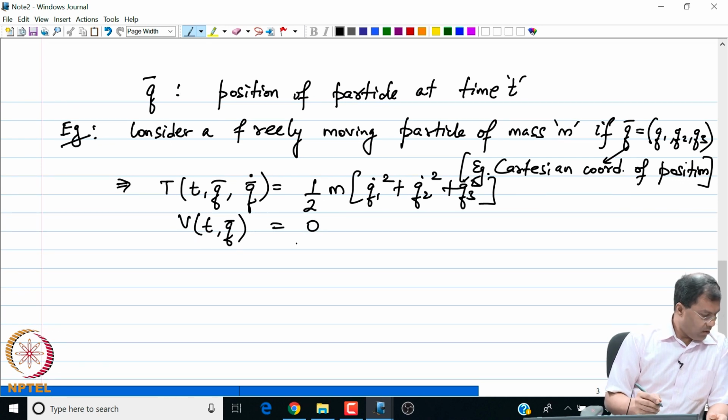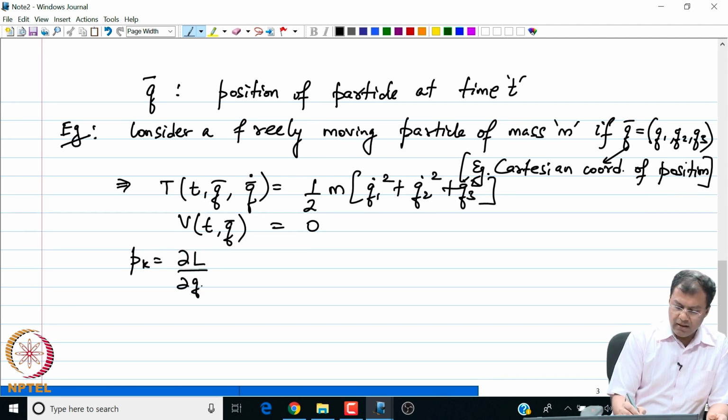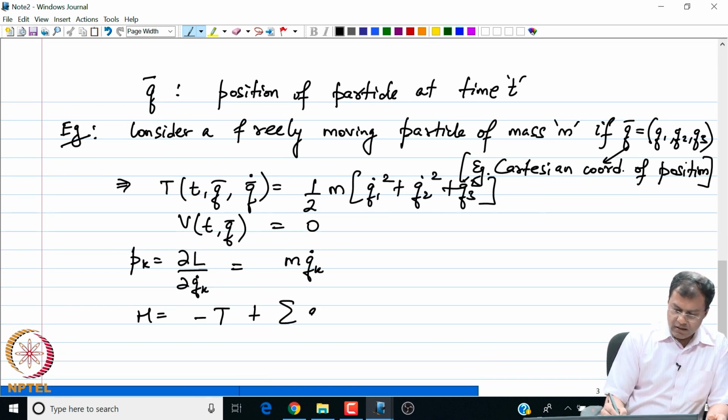So we see that my p_k, the generalized momenta, is ∂L/∂q_k dot, which is also equal to m q_k dot by the definition of L. And finally my Hamiltonian: H is equal to minus T, which is the kinetic energy, plus summation q_k dot p_k.